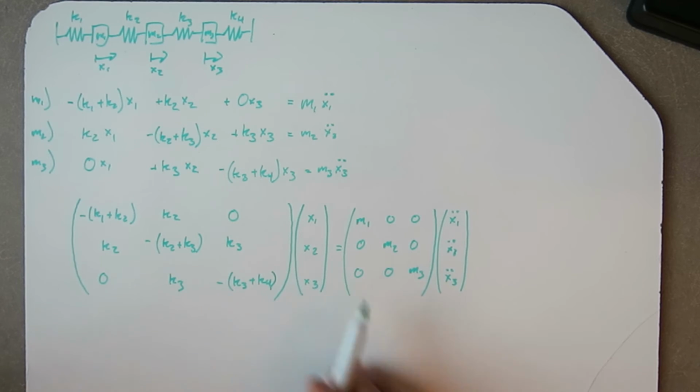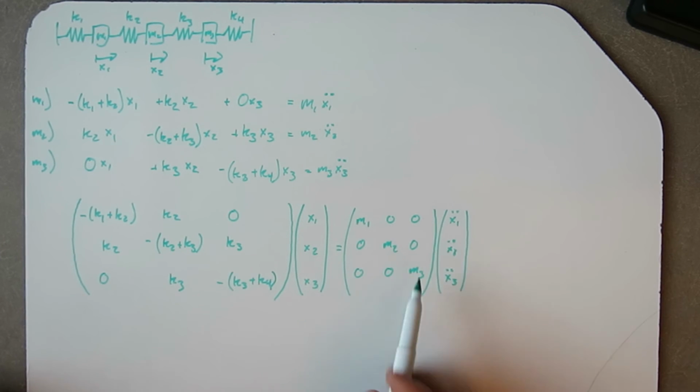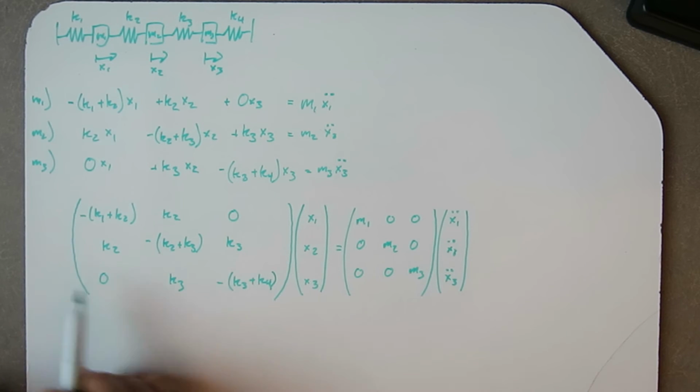There's lots of situations where you might have a lot of oscillators with constants that are the same and masses that are the same, and they're coupled. And if we set all the K values equal to each other, set all the M values equal to each other, we can pull the K and M values outside of the matrices and it becomes a really simple eigenvalue problem.